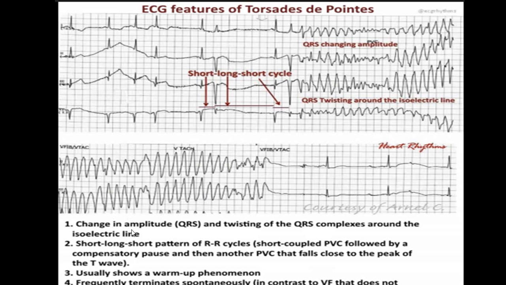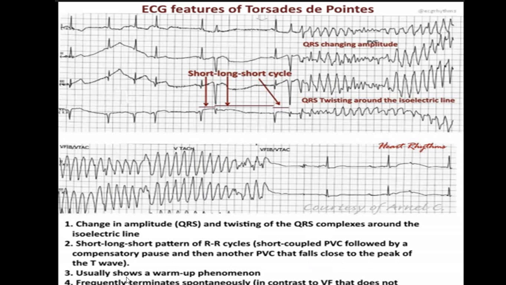So changing in amplitude of QRS complex and twisting of the QRS complex around the isoelectric line, and usually there is a short, long, short pattern of RR cycle, short coupled PVC followed by a compensatory pause, and then another PVC that falls close to the peak of the T wave. Usually we use the word R on T phenomena, and then there is a warm-up phenomena and it terminates spontaneously.